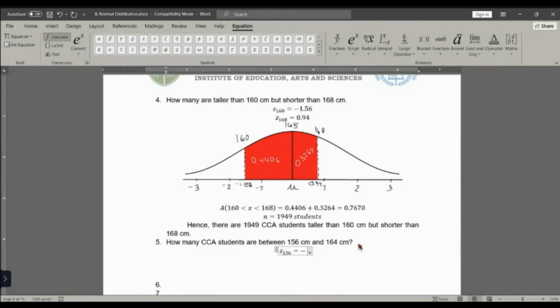Negative 2.81. Z-score of 164. Negative 0.31. Okay, naka-round off to ha.